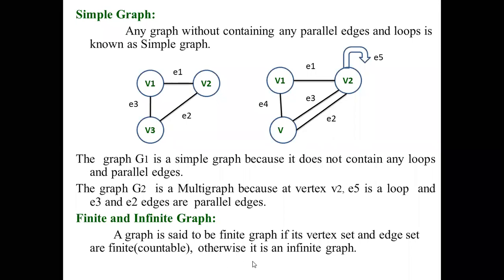Otherwise it is an infinite graph. So if the number of vertices and the number of edges are countable, then that graph is called finite. Otherwise it is called an infinite graph.